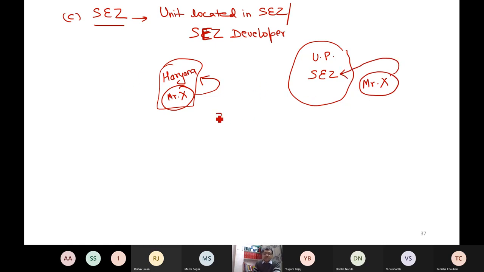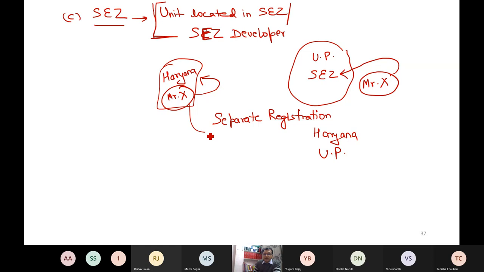The Act says separate registration is required, there is no doubt about it, because in each state or UT the special economic zone has no relevance, as the states are different. So the point I have discussed is not relevant in this example. I need separate registration because I have one factory in Haryana and one in UP. For this factory I will apply for registration in Haryana, and for this factory I will apply in UP.